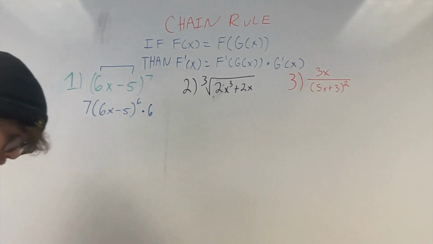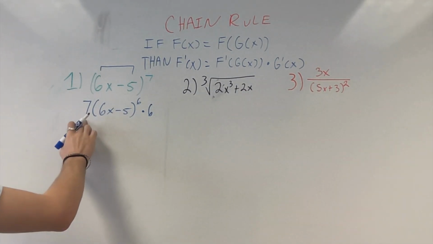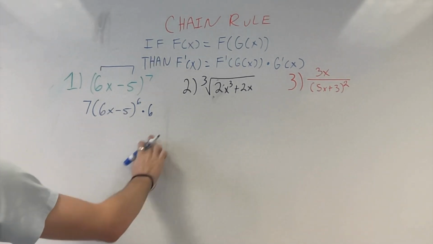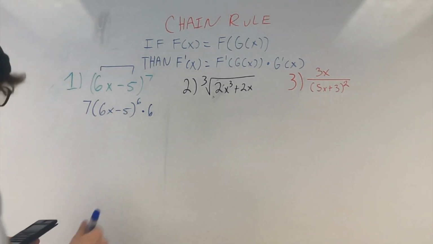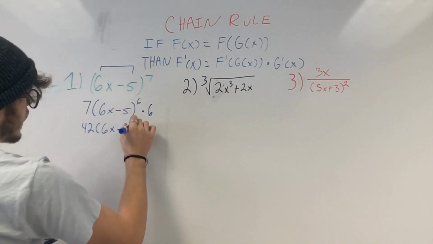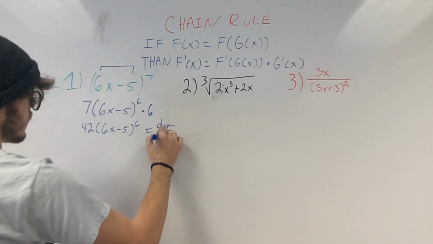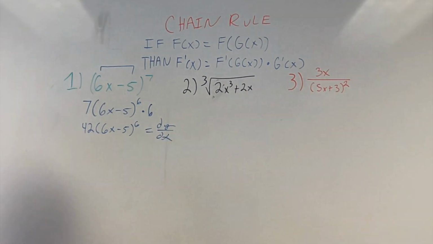Because I was about to say we need to make a simplification here. You can see that we have 7 times 6. We're allowed to multiply it over. So we'll write this as 42 times 6x minus 5 to the 6th is equal to the derivative here. So there you go. That's the derivative of the function.